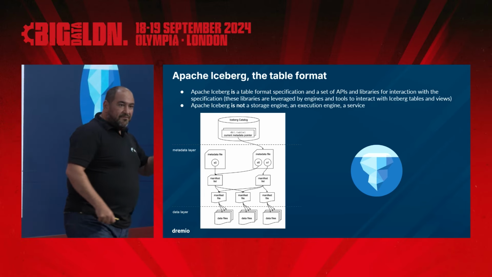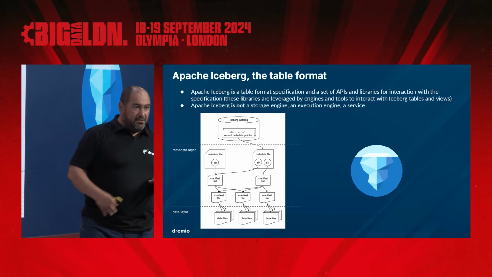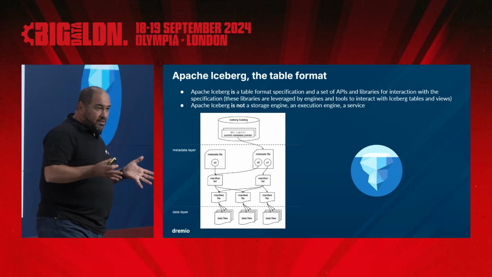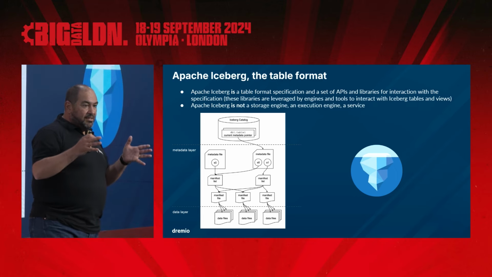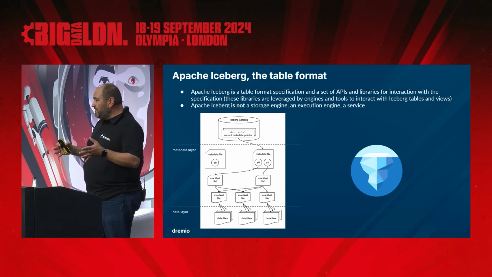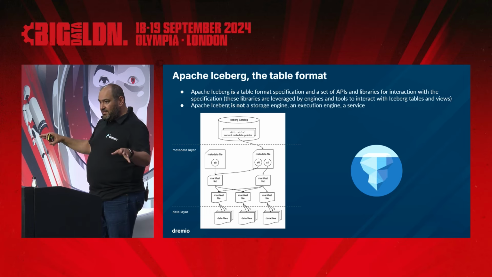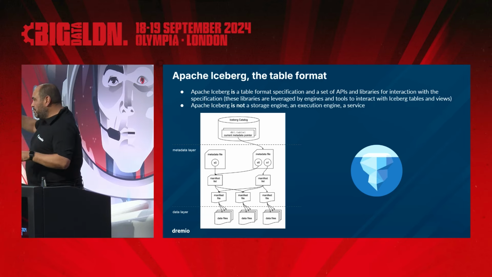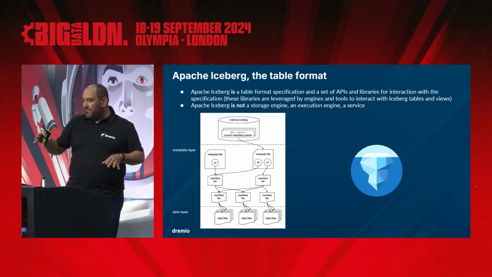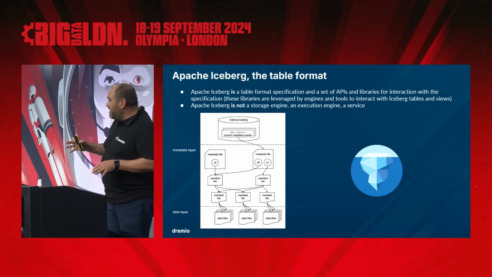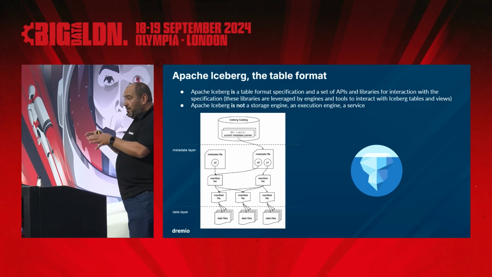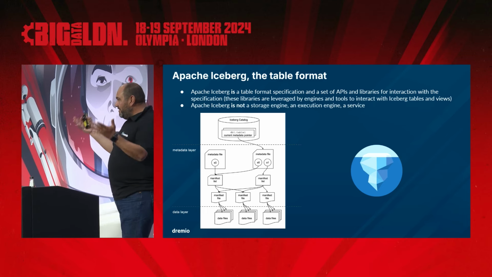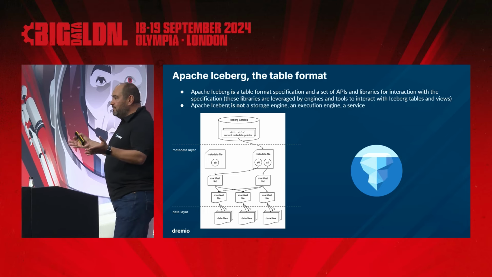So let's go first with Apache Iceberg. It's a table format. What Iceberg is, it's basically a specification. We have data files. These data files are located on the storage, and we add some metadata on top of these data files. The metadata are there to allow us first to classify the data files in a way that is easier for end users, like SQL queries.